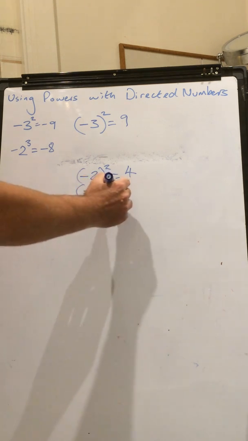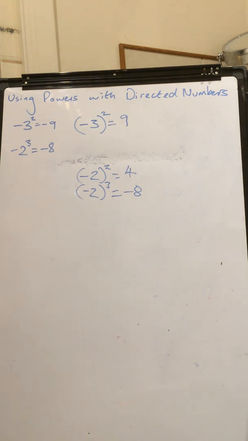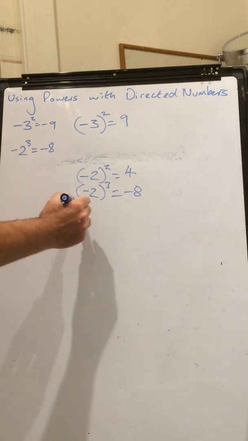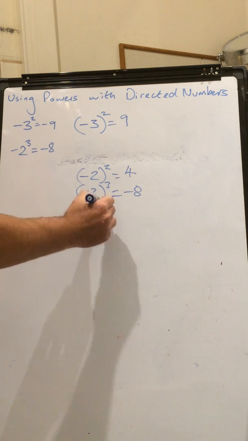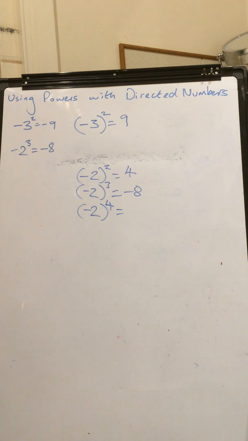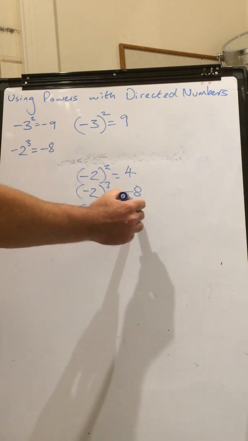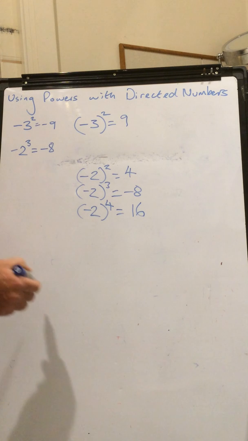So we end up with -8. Likewise, we go on: (-2) to the power of 4. A negative times a negative is a positive, times a negative is a negative, times another negative takes us back to a positive. And we know that 2 to the 4 is +16.